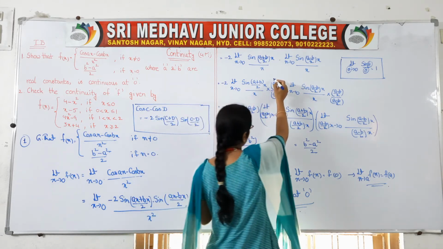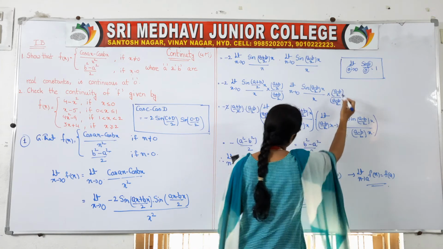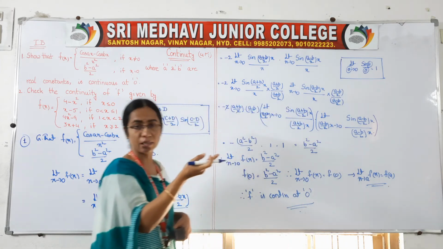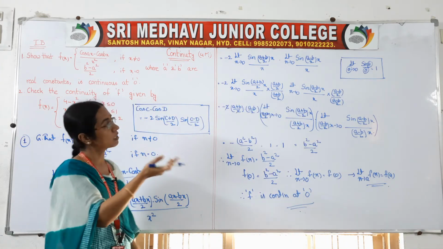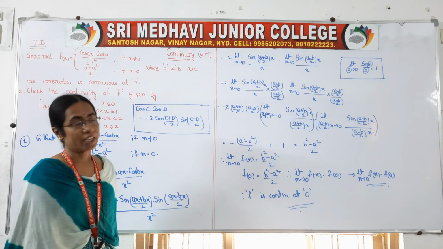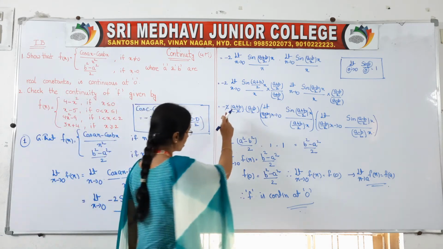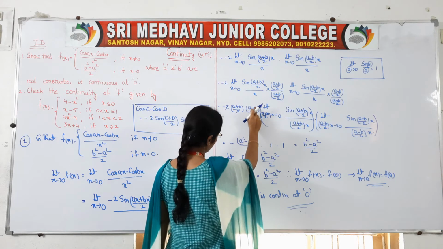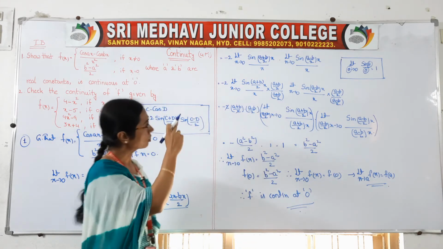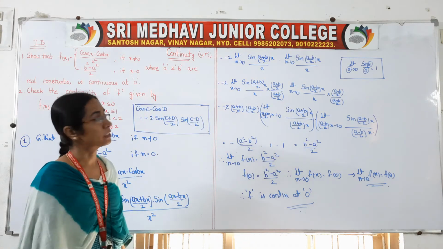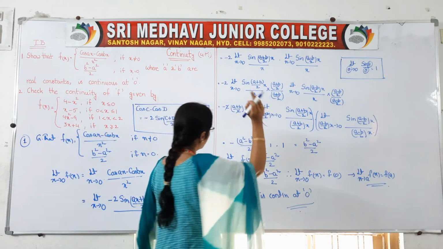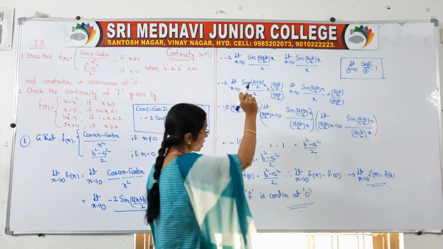Then we don't want these numbers, which are constants, so we can write them outside. If you take them outside, it is (a plus b) by 2 into (a minus b) by 2, and the 2s cancel.